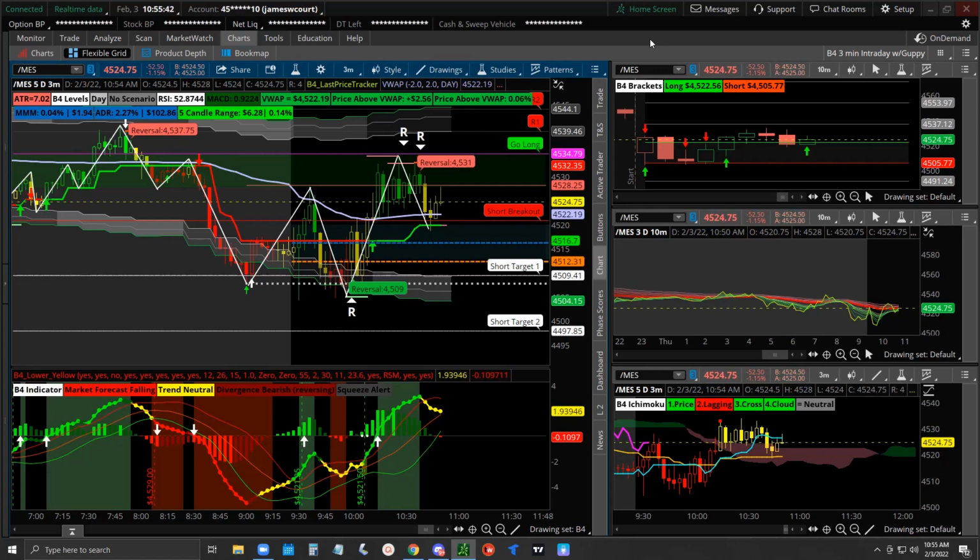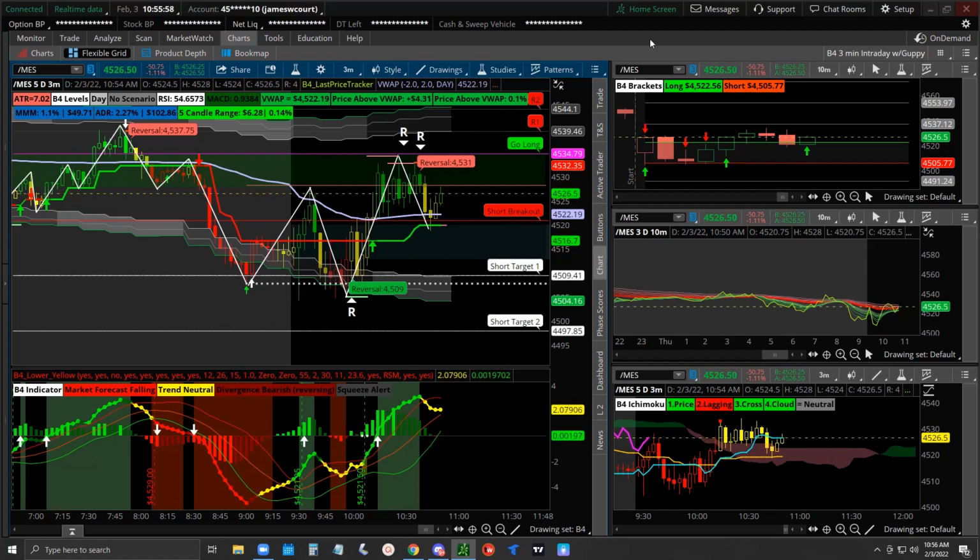I'd like to see a better double top like this to sell. All right, so the target is for bulls 45, 30, 50.